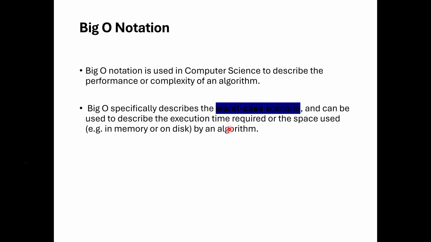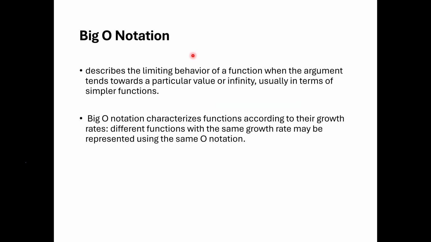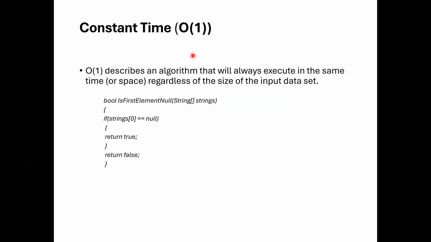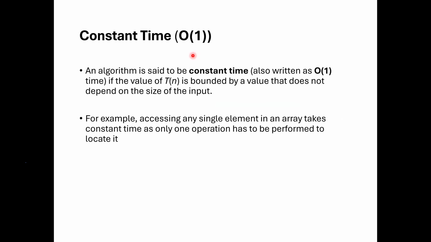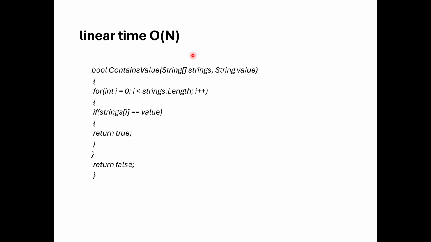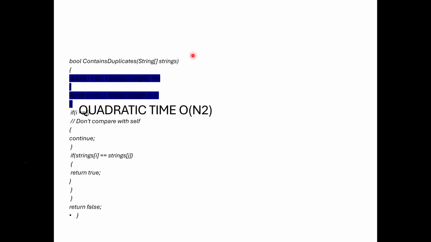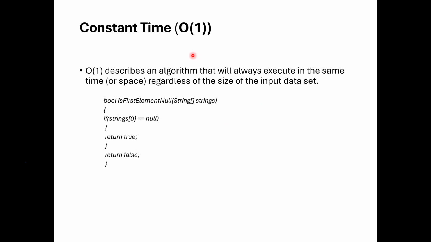So for instance, the first category is constant time, then we have linear time, quadratic time, and so on. For each category, you are supposed to find 3 examples of algorithms that fall under that category. I hope I'm making sense.